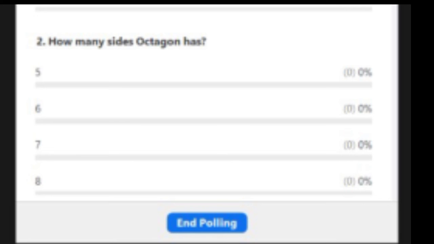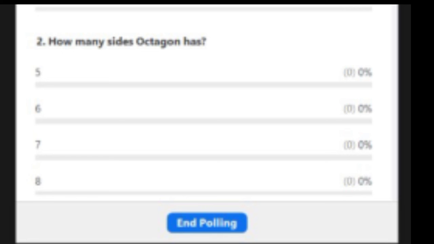The next question is: how many sides does an octagon have? Options are A 5, B 6, C 7 and D 8. Have you pressed the correct option? Then press the Next button.